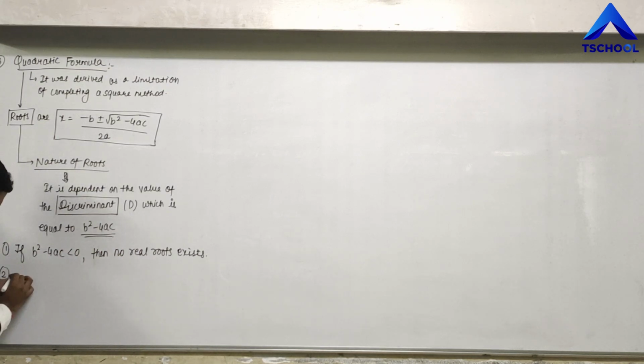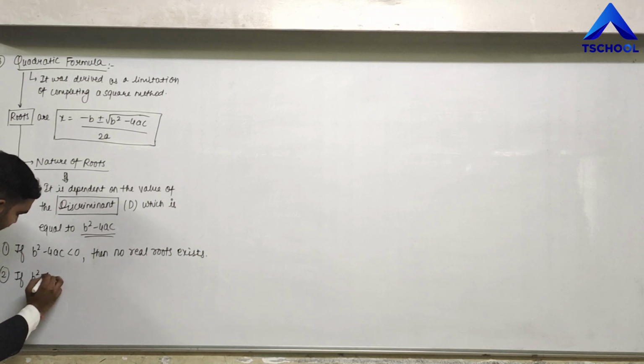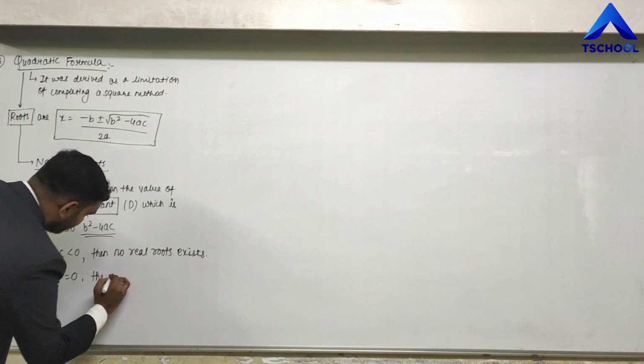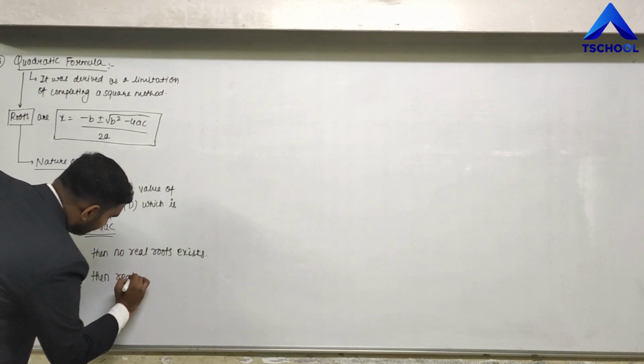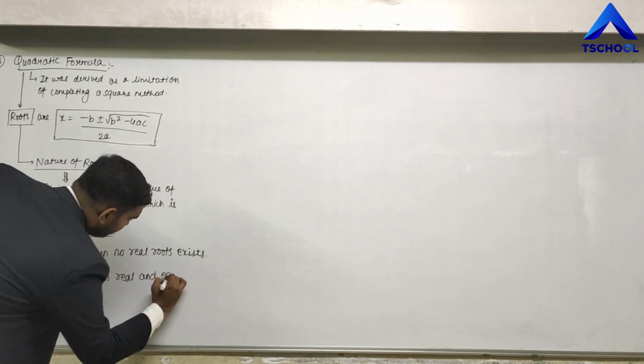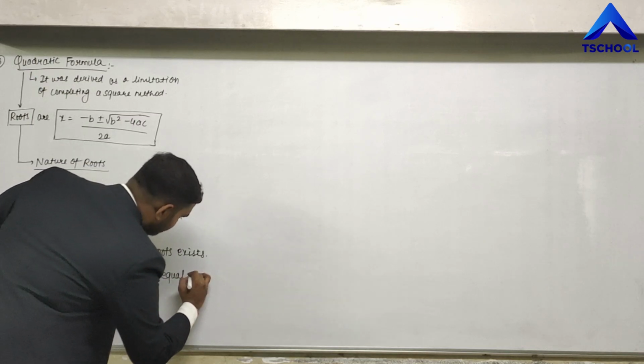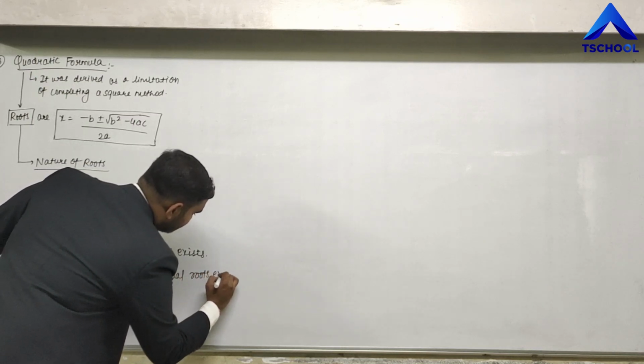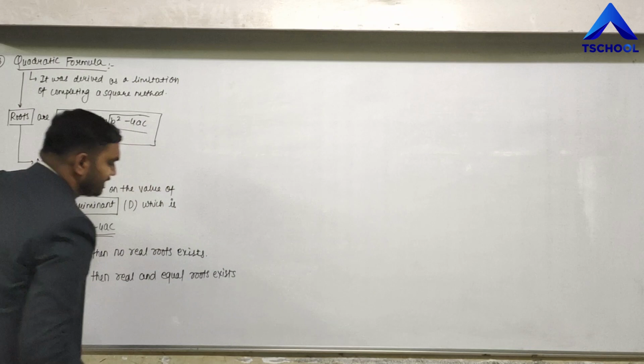If b square minus 4ac is equal to 0, then real and equal roots exist, right?